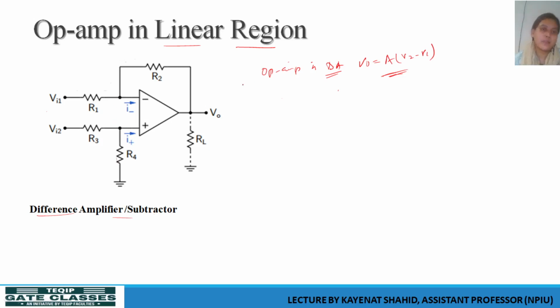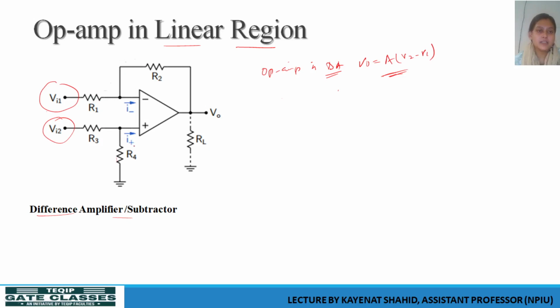Okay, that means we have made some connections and we have applied two different voltages at the two terminals. This is one voltage, this is another voltage that we are applying. So how do we solve this equation? One way is to simply use node equations, like applying KCL at all the terminals.